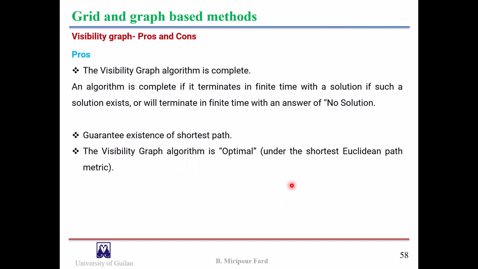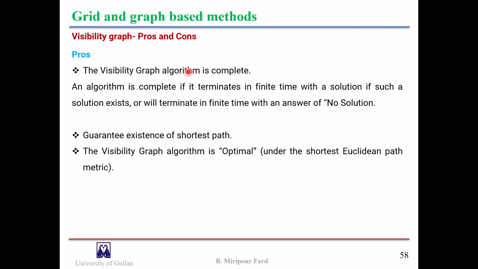Now let's take a look at pros and cons of visibility graph methods. The visibility graph algorithm is complete. An algorithm is said to be complete if it terminates in finite time with a solution, if such a solution exists, or it will terminate in finite time with an answer of no solution exists.